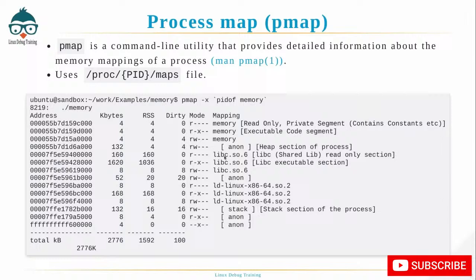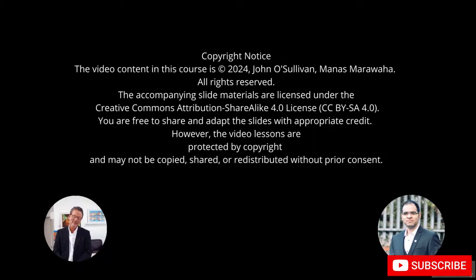Moving down, we encounter the read-only segment of libc shared library, followed by its read executable segment. The stack represents this process stack frame. Using pmap, we can obtain a comprehensive view of the virtual memory segment placement and the loaded shared library. This is highly beneficial for debugging a program.